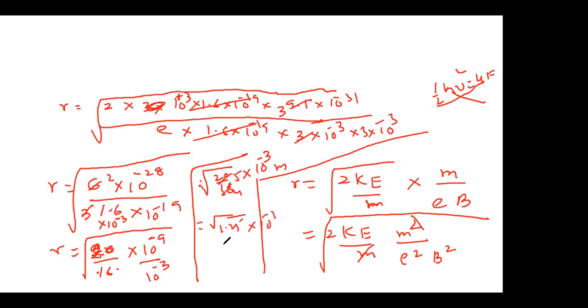Root of 1.25 is close to root of 10 raised to minus 3. चलो इतना लिखो, just write till this. 16 and 4 5s are 20, 1.25, square root of 1.25 will be close to 1.